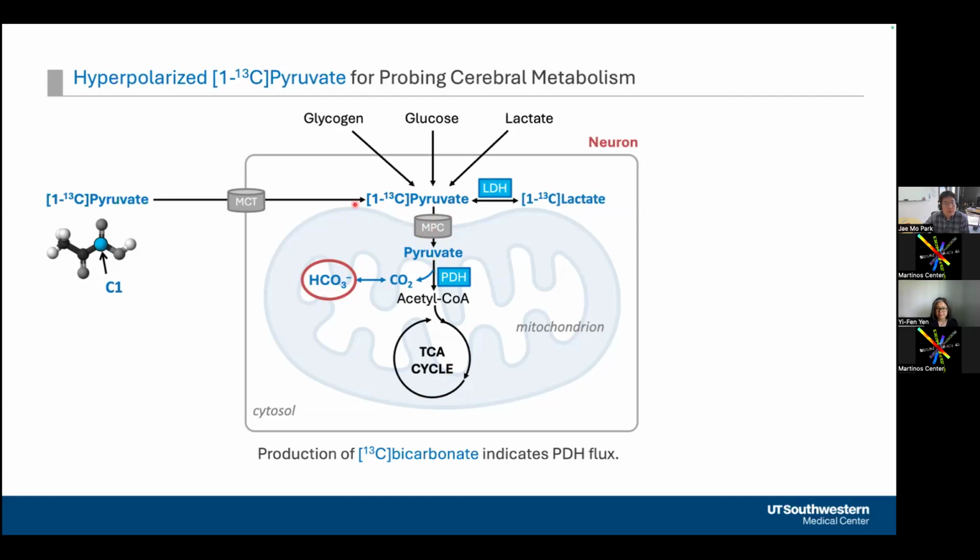The blue-fonted metabolites are the carbon-13 labeled products, and therefore you can detect the signal using MR. So if you can see pyruvate metabolism, you can have a good idea whether glucose, lactate, or glycogen is oxidized in the mitochondria. The production of bicarbonate, which is produced through the PDH flux, indicates PDH flux and pyruvate oxidation.